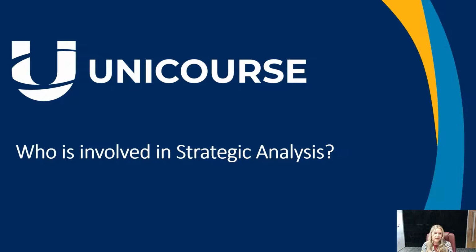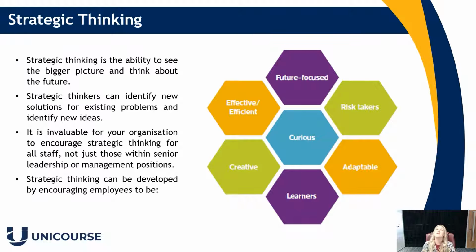So who is involved in strategic analysis? Now, some might just say that it's the stakeholders, that it's the board of directors, that it's the senior management team. And okay, they might be right, the people that say that.